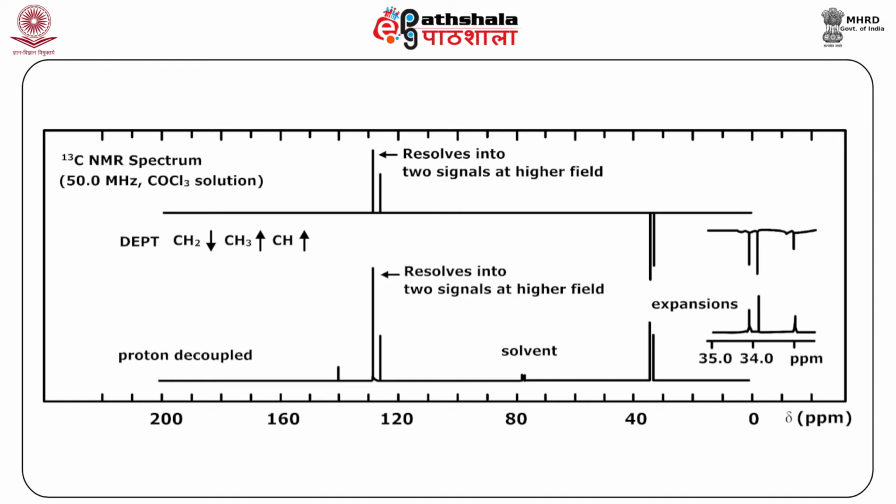The carbon-13 DEPT spectrum, DEPT meaning distortionless enhanced polarization transfer, shows 3 CH peaks in the aromatic olefinic range and 3 CH2 peaks in the aliphatic chemical shift range. There is one peak in the carbon-13 spectrum which is absent in the DEPT spectrum. This indicates the presence of one quaternary, or non-protonated, carbon atom.